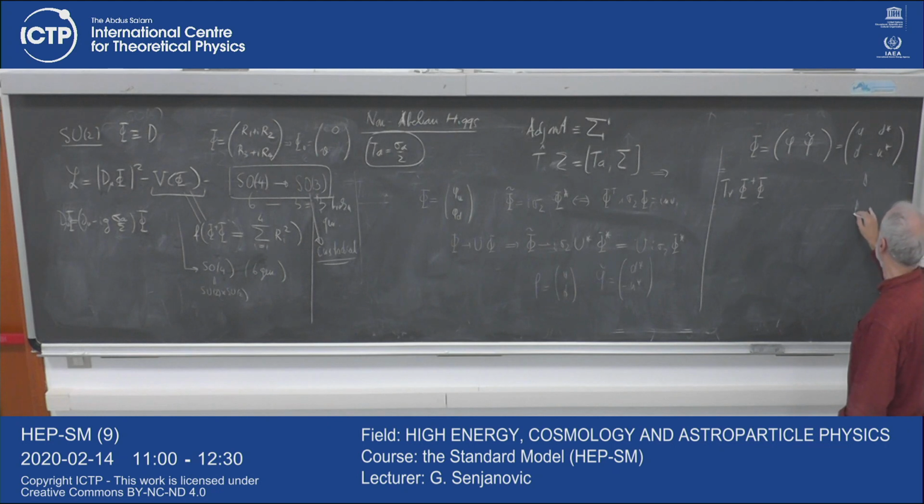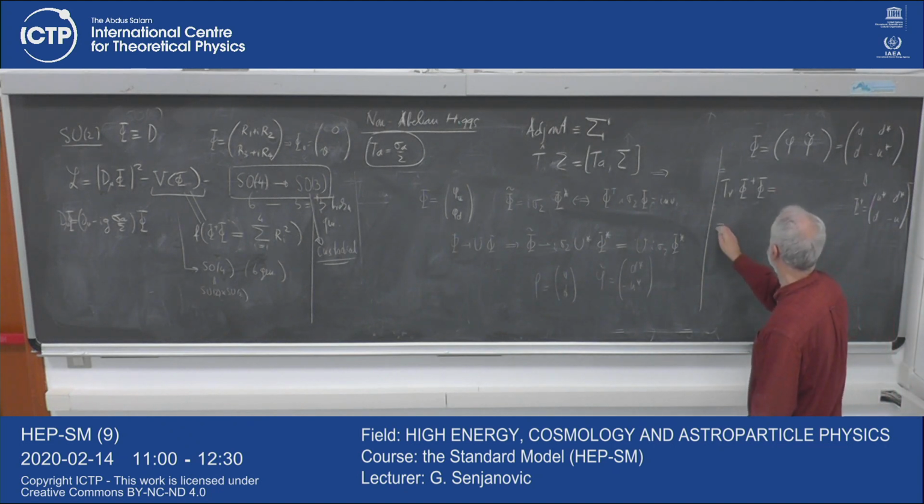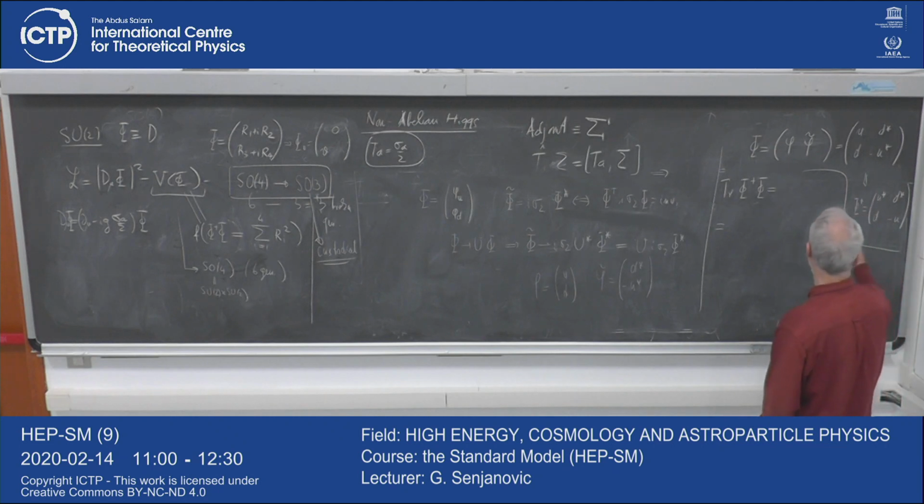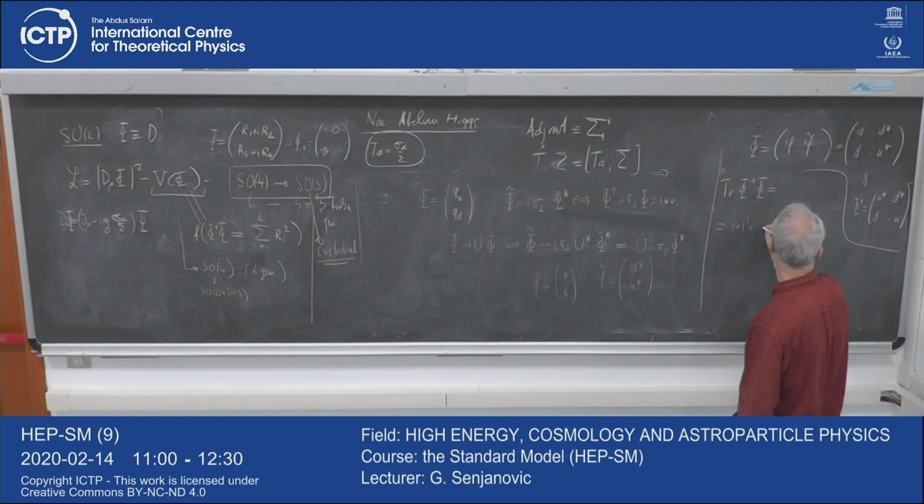So from here phi dagger is U star D star, D minus U. Am I right? Thank you. So let me write what this trace is. What do I get? I get u squared plus d squared, twice.